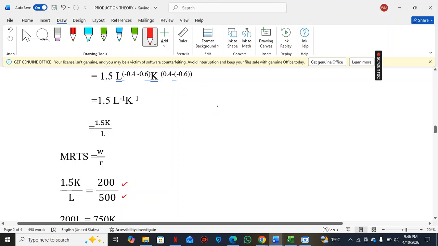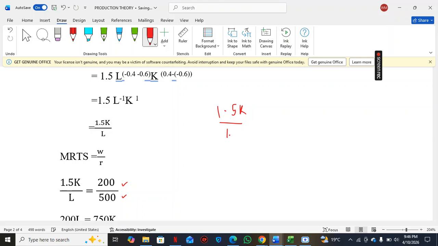Okay, so you're going to start it like this. You're going to say 1.5 K over L equals 200 over 500. Okay, so you can get rid of these zeros. You remain with 2 over 5.